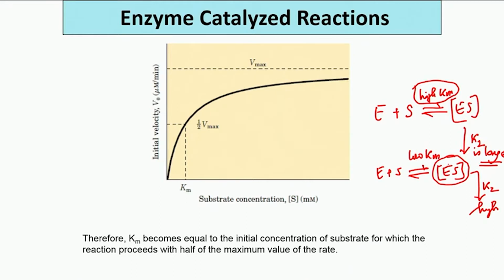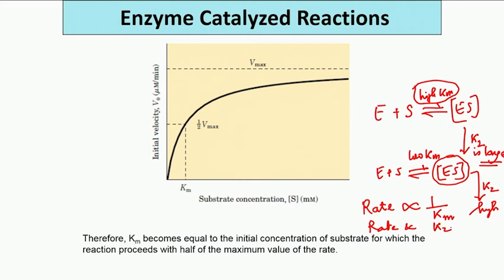That means the rate of the reaction is inversely proportional to Km. Lower the Km, you get higher concentration of ES. At the same time, rate is directly proportional to k2. Larger the k2, the higher is the turnover number of the enzyme.